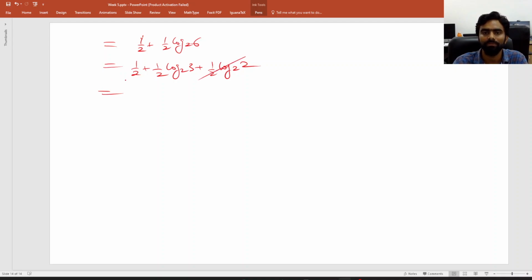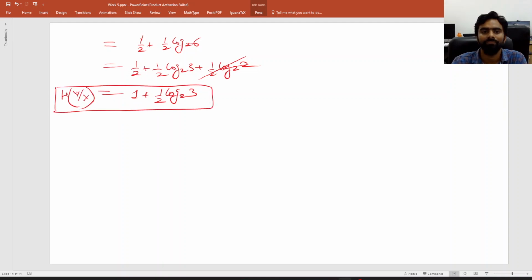This would be 1, half plus half is 1, plus half log 2 of 3, which is nothing but h of y given x. Now in the next class, I will show you how to calculate this using some property, and we will also see h of x given y.